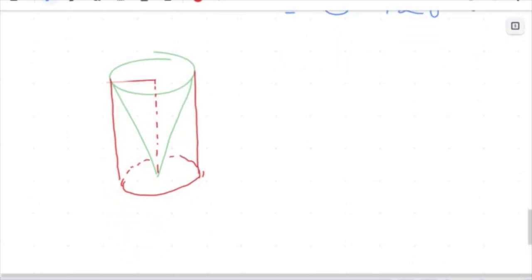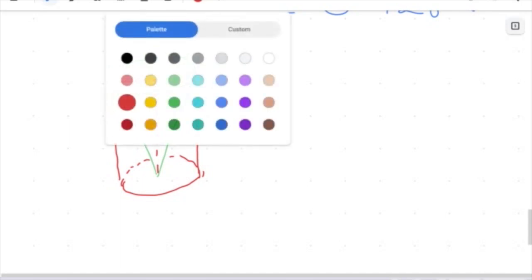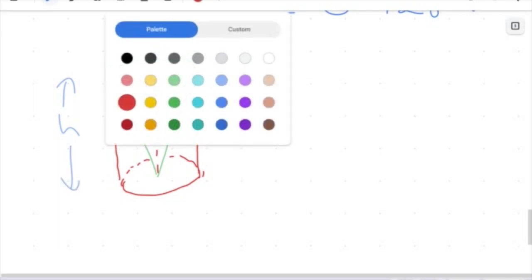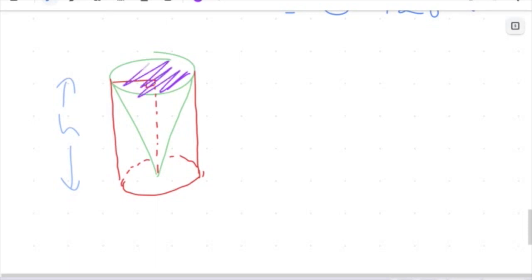My cone here with some perpendicular height, let's call that H, and cross-sectional area here, let's call that A, is going to be a third of the volume of a cylinder.